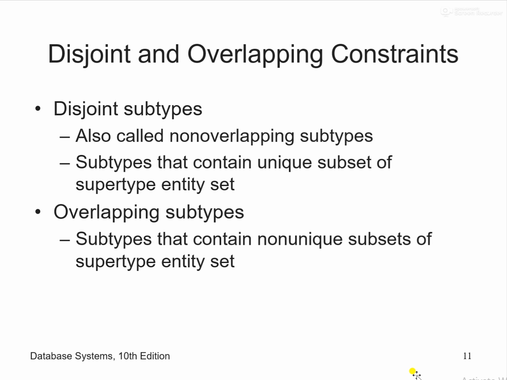Like you are an employee and you are a student at the same time. Okay, we have a supertype person, and it has two subtypes: one is employee, one is student. So an employee can also be a student as well. So it means it is an overlapping subtype.